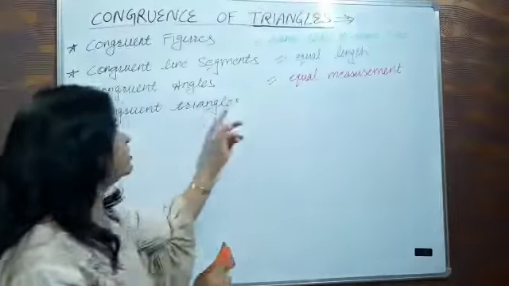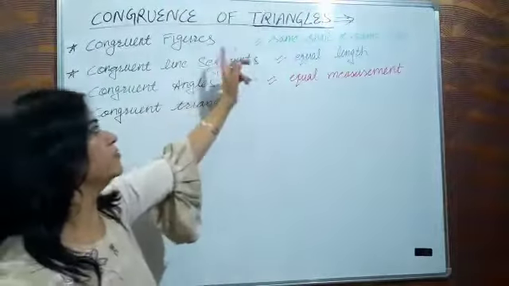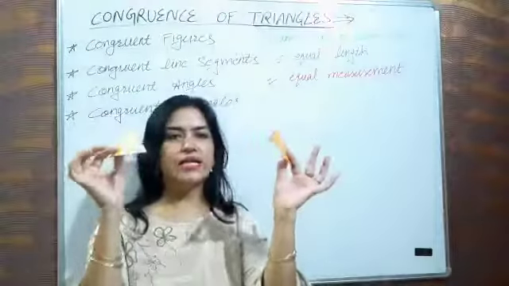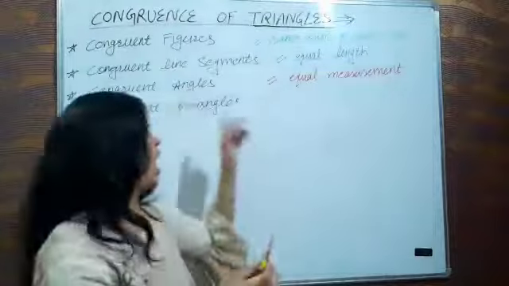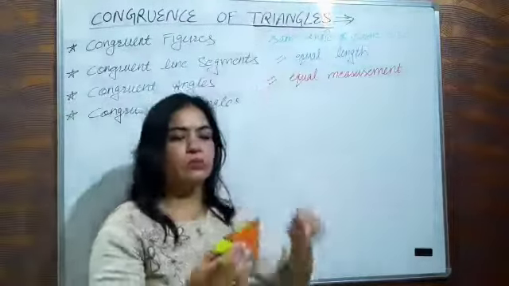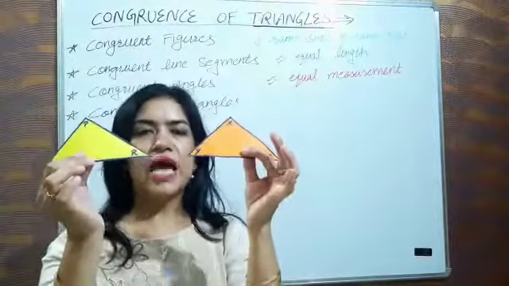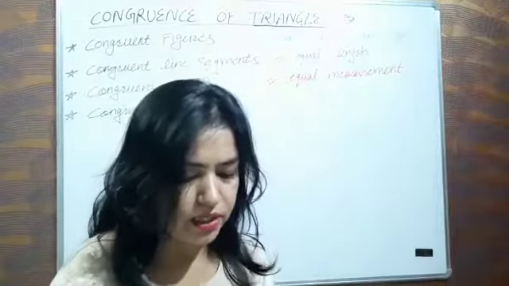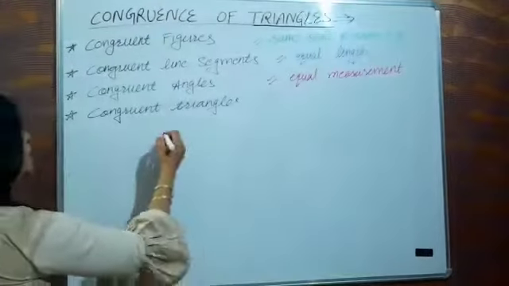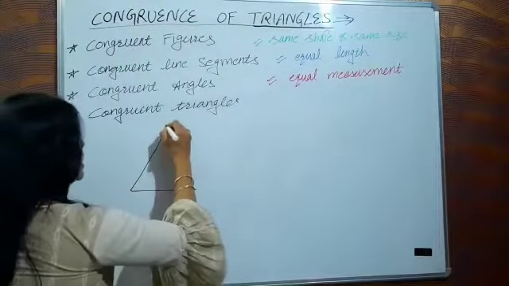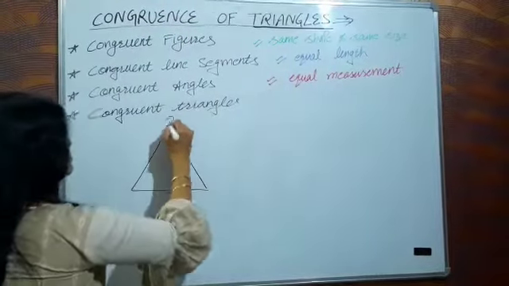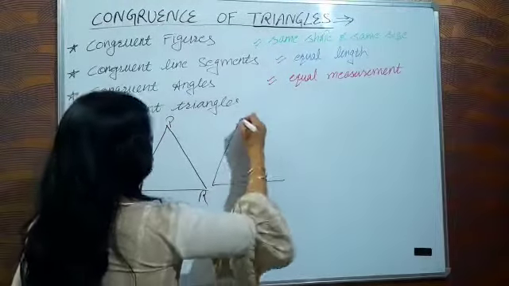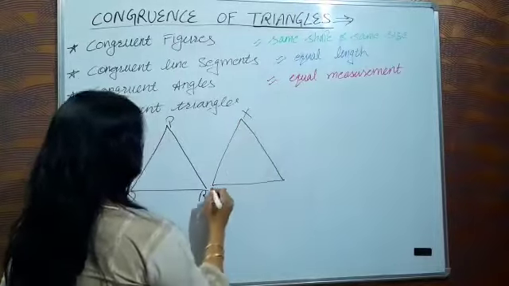So in congruent triangles, line segments are of equal length. You can see in these two triangles, line segments are of equal length and angles are of same measurement. Let us show it mathematically. I draw two triangles which I have shown you, that is triangle PQR and triangle XYZ.